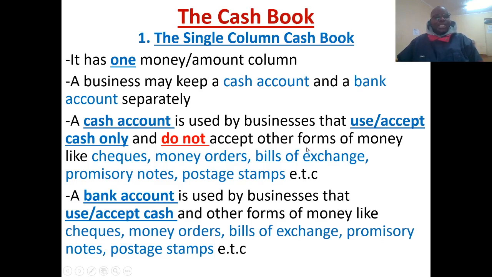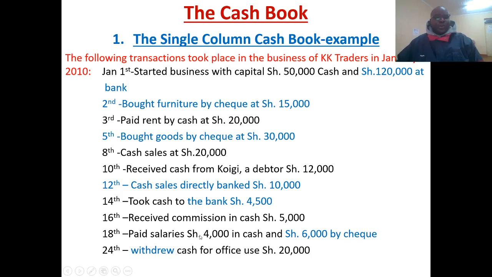A cash account is used by businesses that use or accept cash only and do not accept other forms of money like checks, money orders, bills of exchange, promissory notes, postage stamps, etc. And a bank account is used by businesses that use or accept cash and other forms of money like checks, money orders, bills of exchange, promissory notes, postage stamps, and the money may go through the bank.